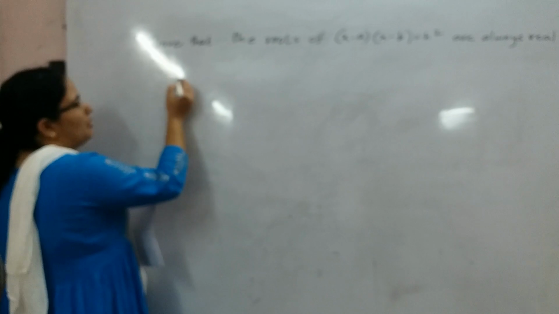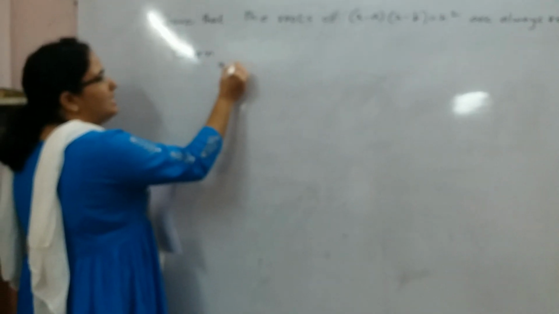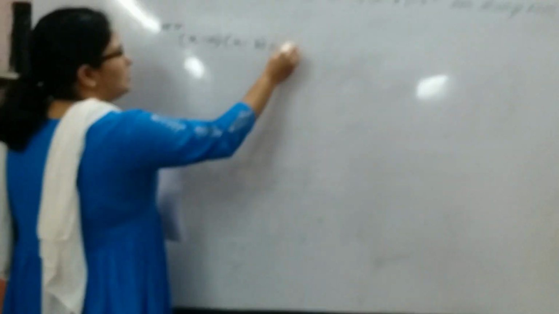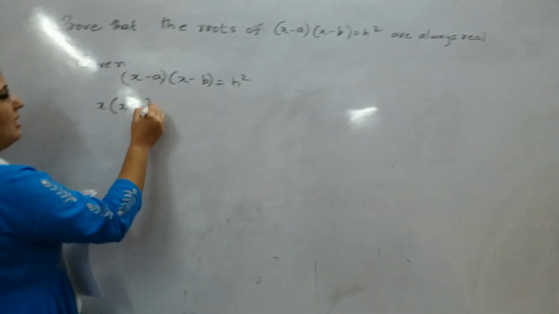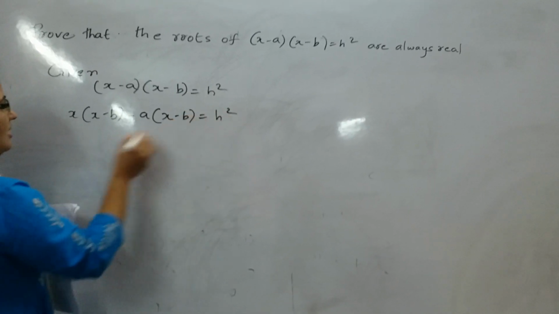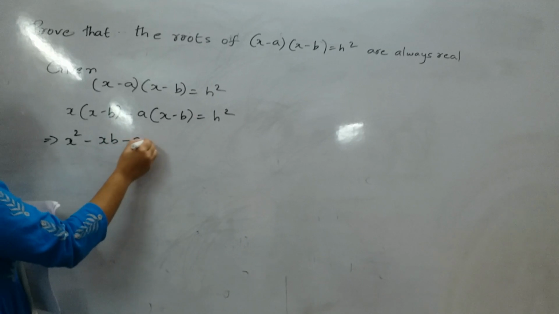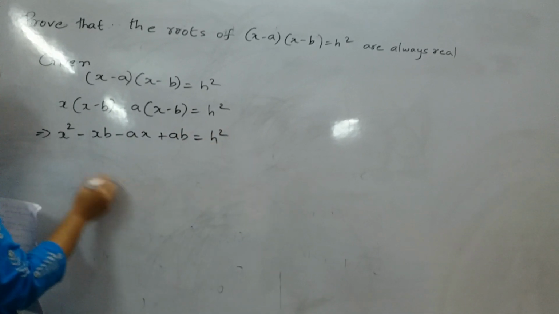Now let's discuss this problem. Given x minus a into x minus b is equal to h square. Let us open the bracket. x into x minus b minus a into x minus b is equal to h square. This implies x square minus xb minus ax plus ab is equal to h square.